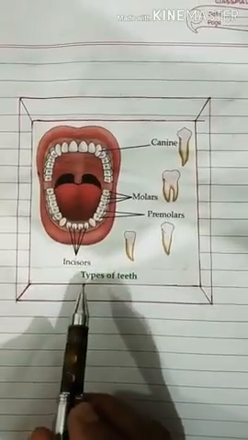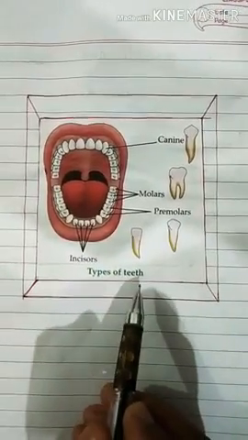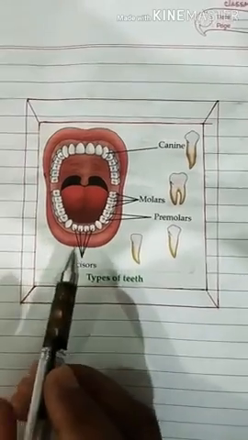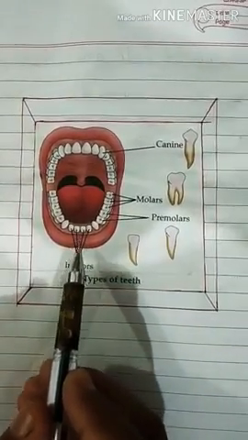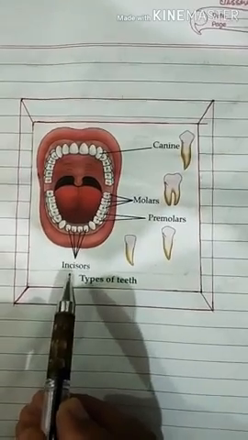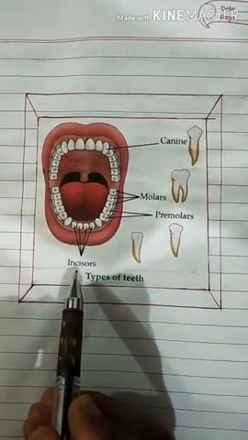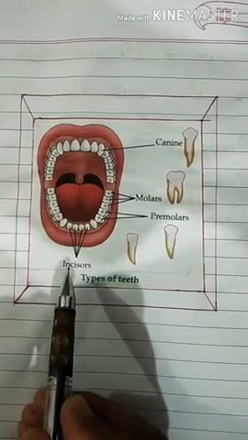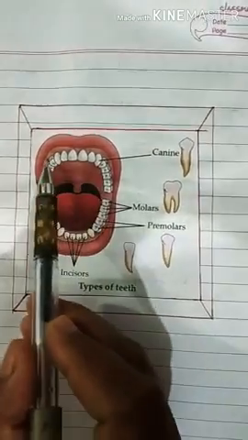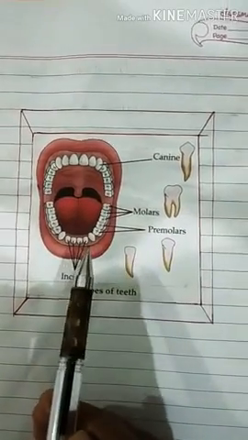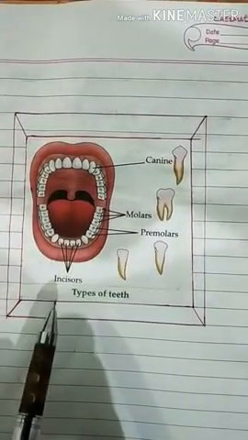You can see the picture of types of teeth. You can see the first 4 teeth, so they are called incisors. Total how many incisors are there? 8 incisors. Next to the incisors, canines are there. You can see here 1, 2, 3 and 4. So total how many canines are there? 4.